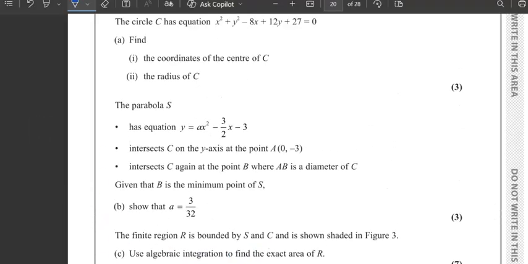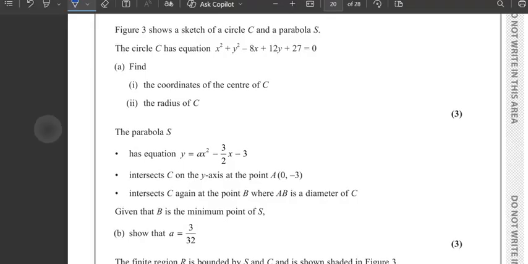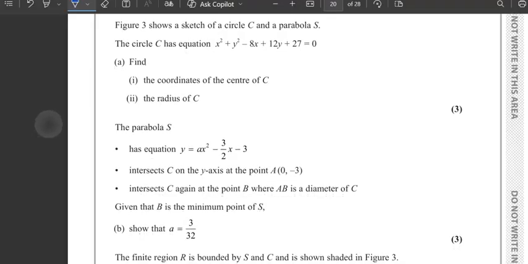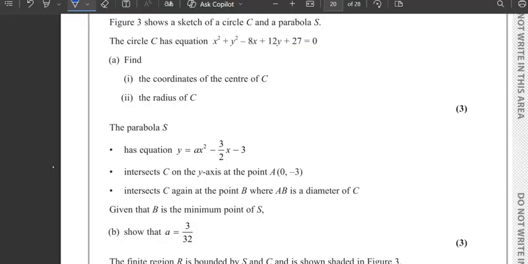So if we consider the equation of the circle we've been given, x squared plus y squared minus 8x plus 12y plus 27 equals 0, in our case the value of h is simply negative 8, and the value of k is simply 12. We pick the coefficients of x and y with the corresponding sign.